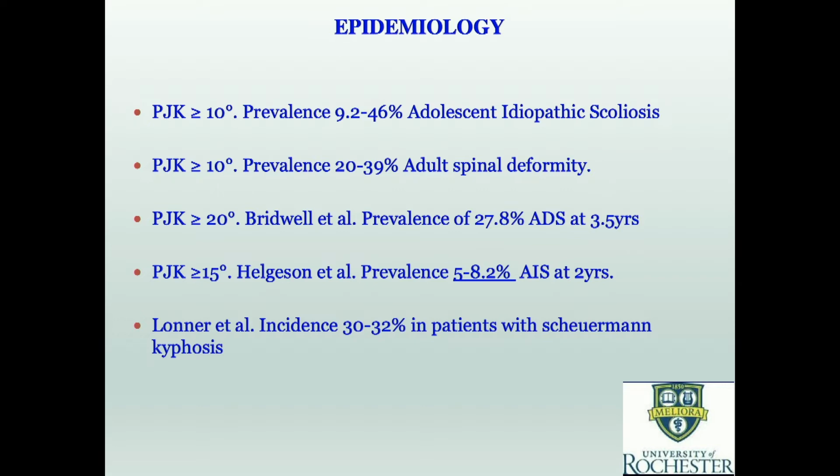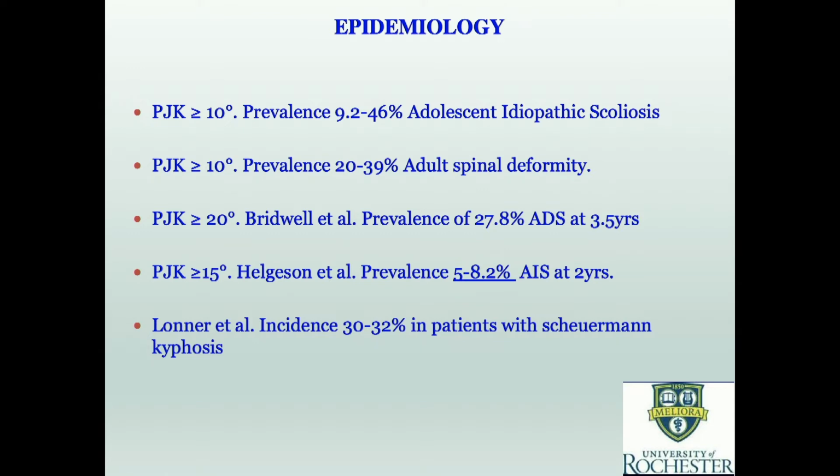This is the incidence, or prevalence, of PJK using 10 degrees as the critical angle. In adolescent patients it has been reported between 9.2 and 46%. In adult patients with adult deformity, between 20 and 39%.